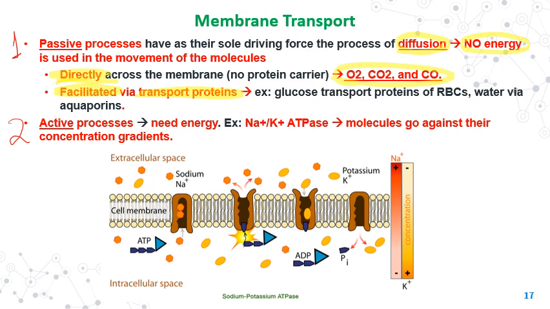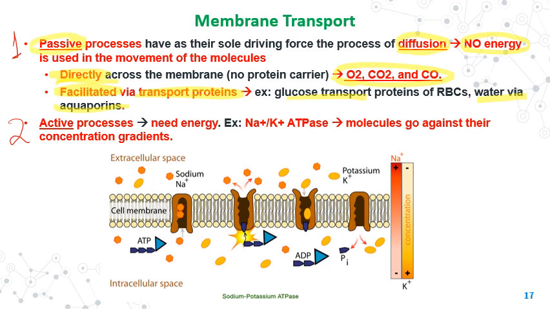Examples are glucose transporters, and you can have water that goes through aquaporins, okay? Aquaporin channels. Still going from more concentration of water to low concentration of water. That is your osmosis, right? All right, so this is your passive transport, okay?